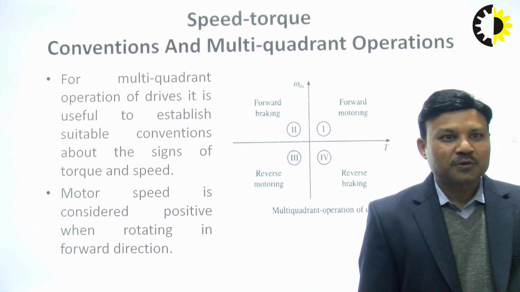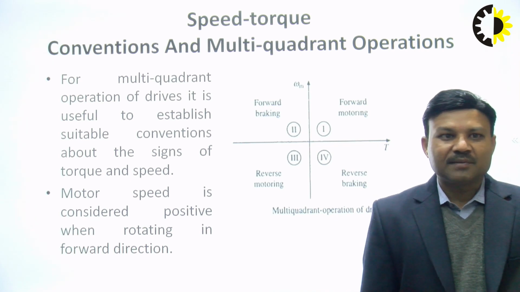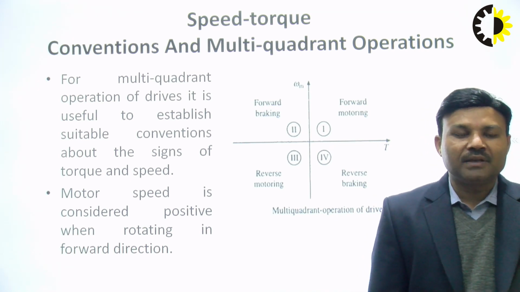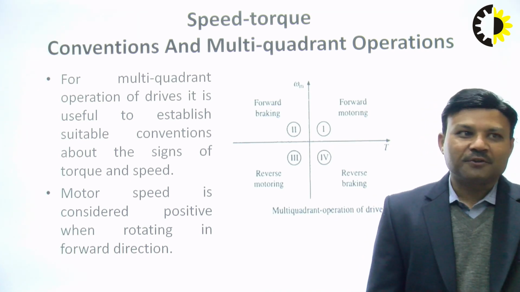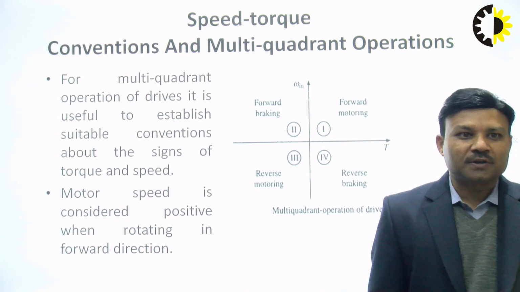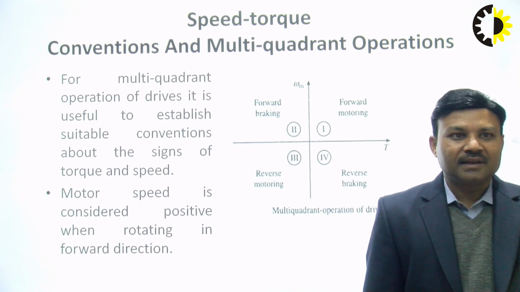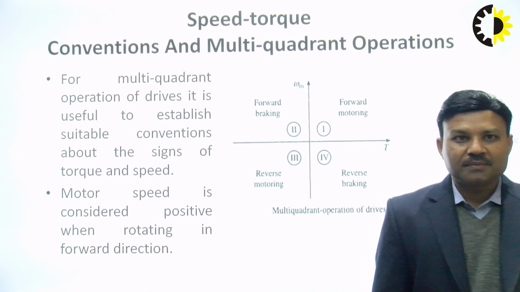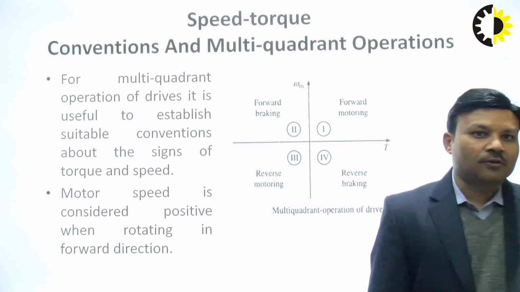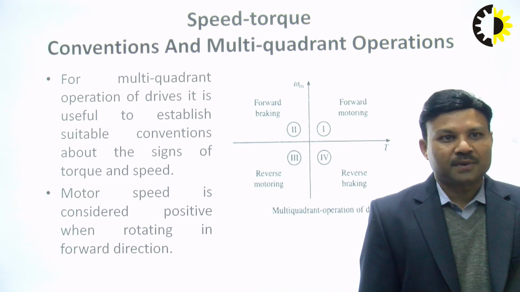Then reverse motoring. There are applications in industry where the same motor has to drive in the forward direction, and for some other application it has to drive in the reverse motoring mode. Then reverse braking, where the fourth quadrant is normally occupied by plugging type of braking operation.